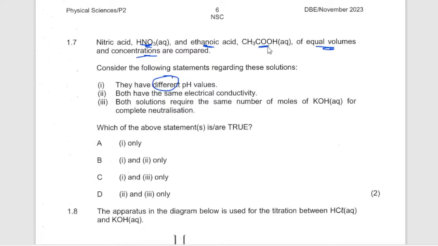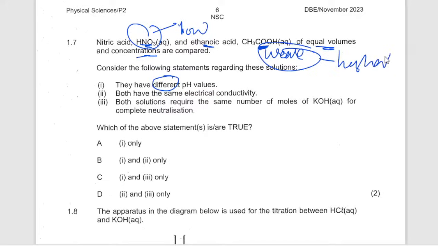Why? Because this is a weak acid, so it ionizes partially, while this is a strong acid, meaning that the pH of this is a little bit lower and this one is higher. Remember, when it's higher, it means that it's a weak acid. So now what happens?